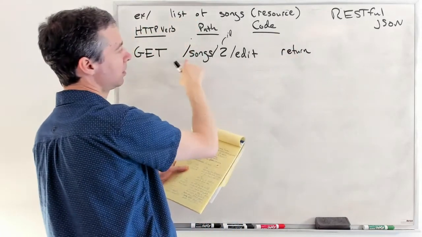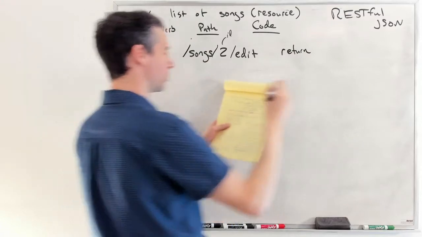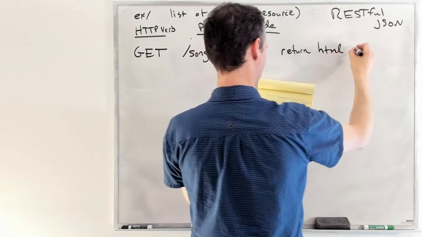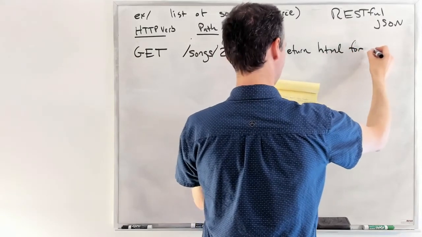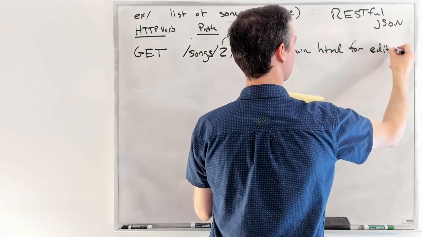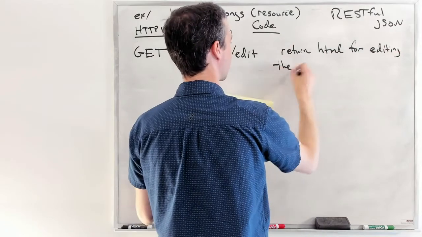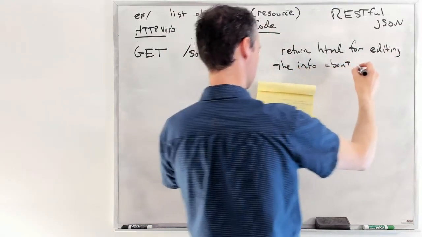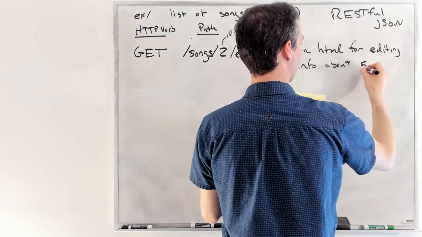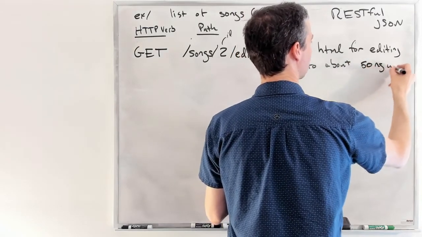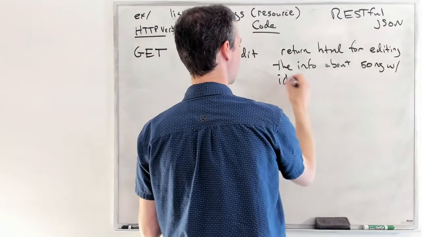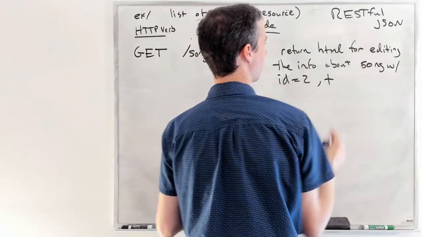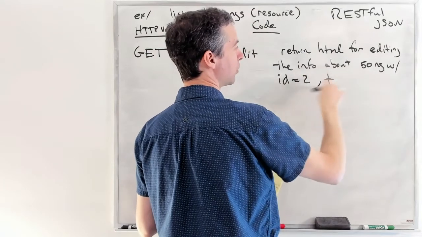When you get a get and a pattern like this, you write code to return the HTML for editing the info about the song with ID equals to 2. So return HTML for editing the info about song.